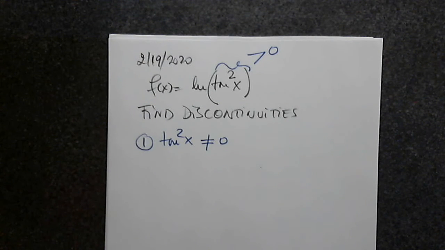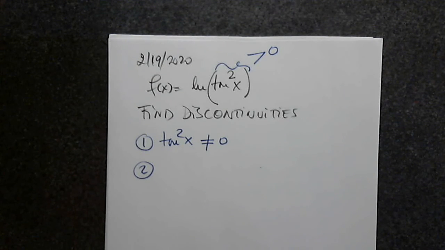Would you agree so far? However, there is a second condition. Why? The second condition comes from the fact that tangent is not a nice function. It's a function with vertical asymptotes.